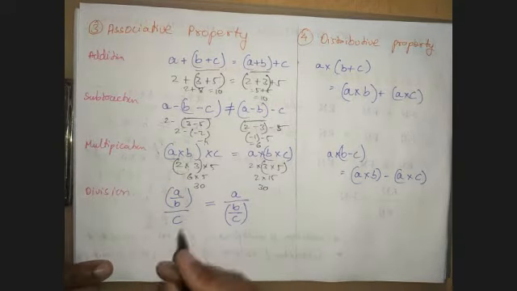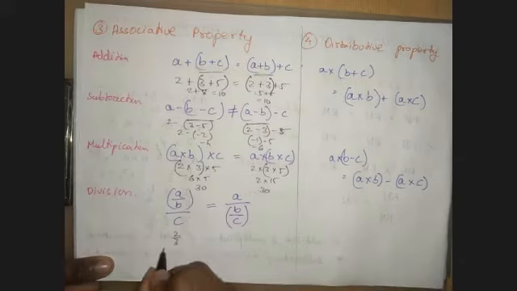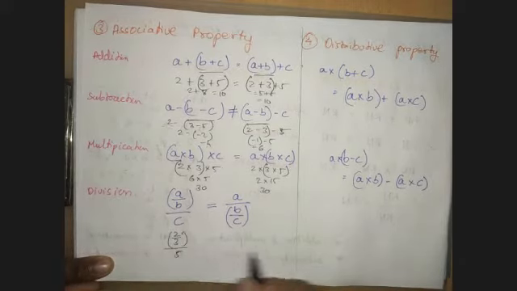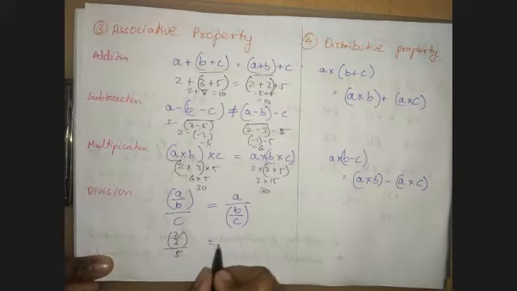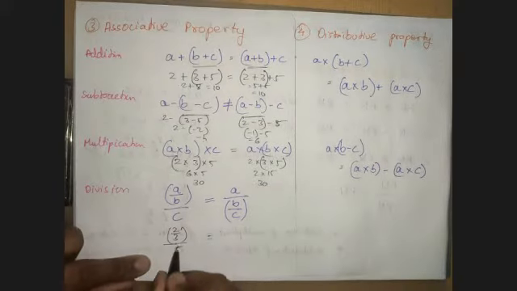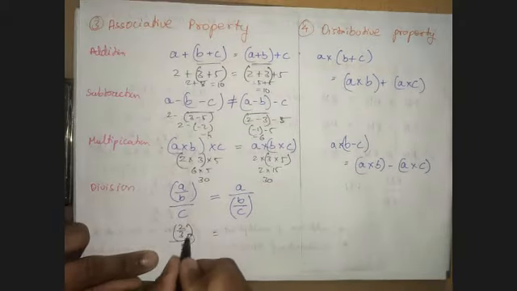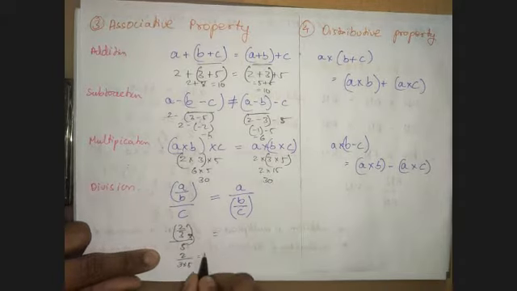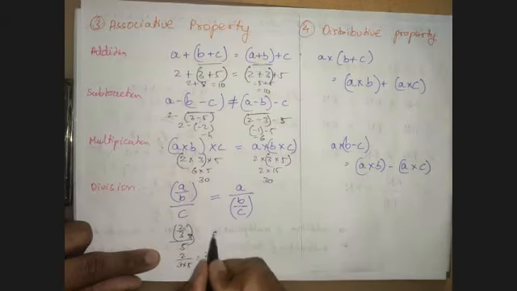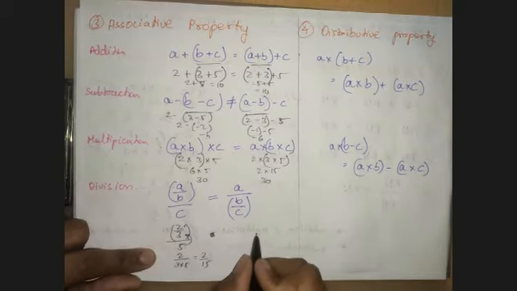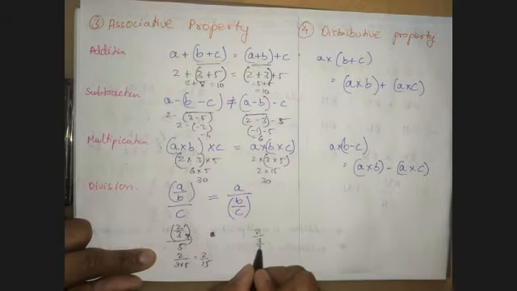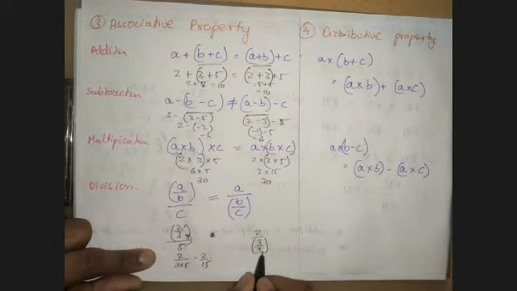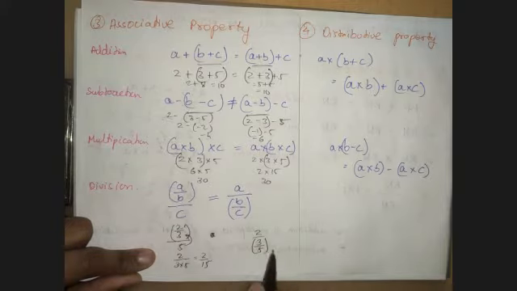Now let us check for division. 2 by 3 divided by 5: I have to divide this first, so the 5 goes to the denominator. So this would be 2 by 3 into 5, equal to 2 by 15. When I look at the other side, 2 divided by (3 divided by 5), I have to do this first, so the denominator goes to the numerator.